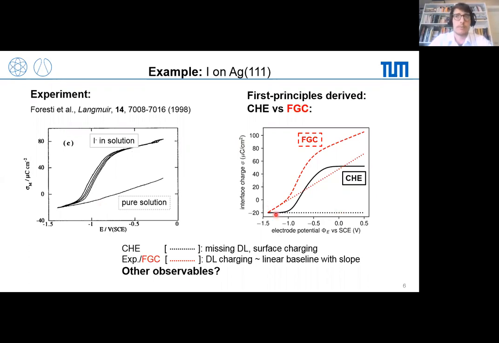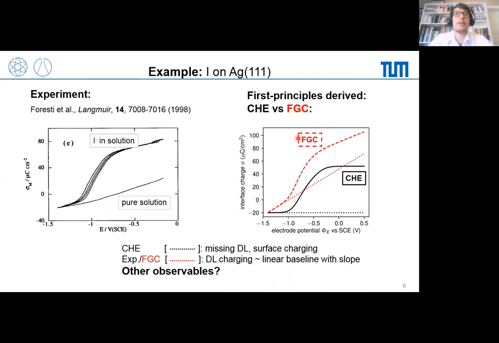And so naturally, in the simulations, if you look at the surface charge, which you don't change by definition, you would not see any surface charging when applying such a potential, for example for the clean surface. If you add some ions in solution, of course, you also get the electrosorption, and so you get this increase due to adsorbed ions. But you can already see that even in this simple experiment, you have some trouble reproducing it in the simulation.